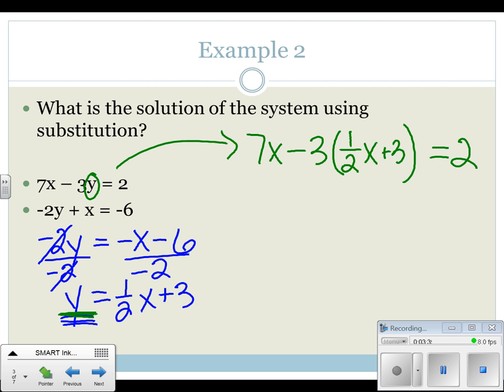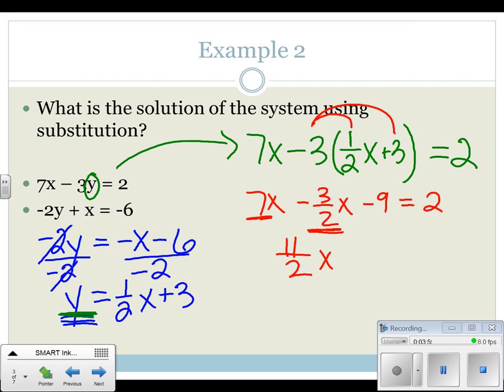So now I'm going to simplify. I'm going to distribute, so I have 7x minus 3/2 x minus 9, which is the same as 2. 7 minus 3/2 gives us 11/2 x minus 9, which is 2.